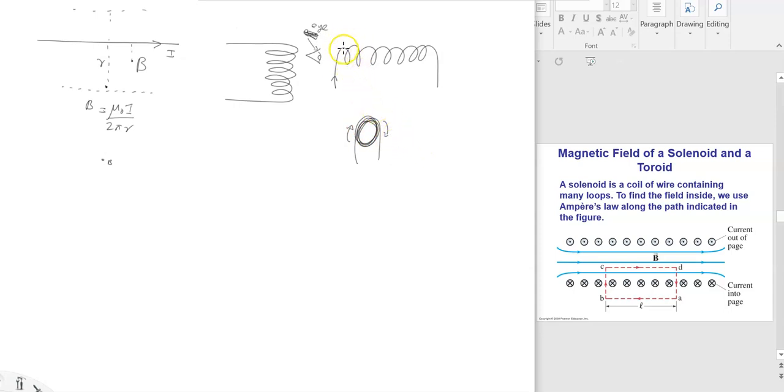So if you look at these individual loops from where you are sitting right now in front of the computer, in all these top loops the current is coming towards you. In the bottom, the current has to go away from you. So that's what this diagram explains, right? Current is coming out of the page and going into the page in these several loops.